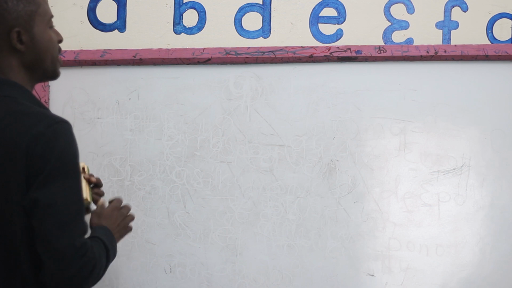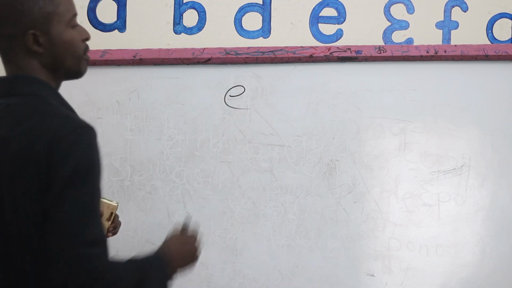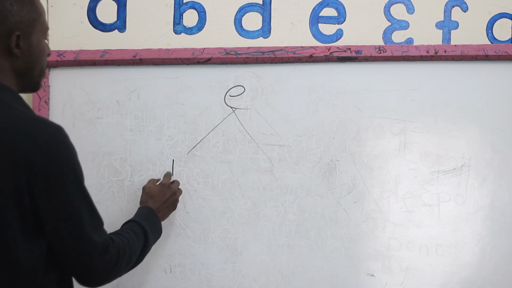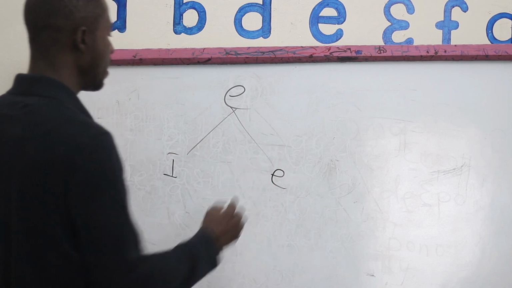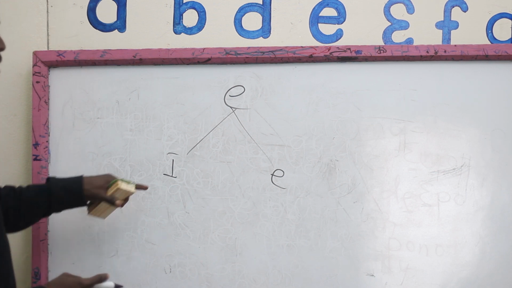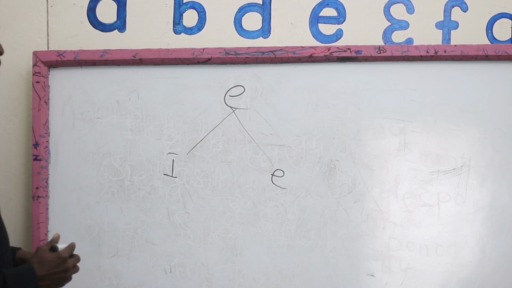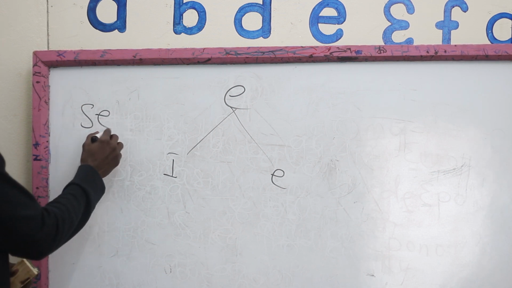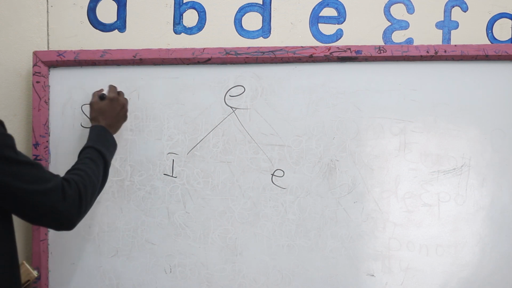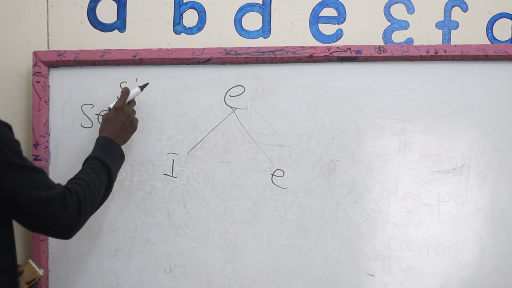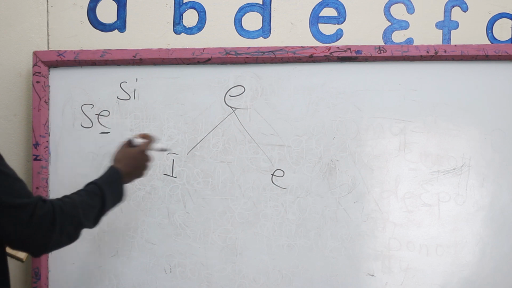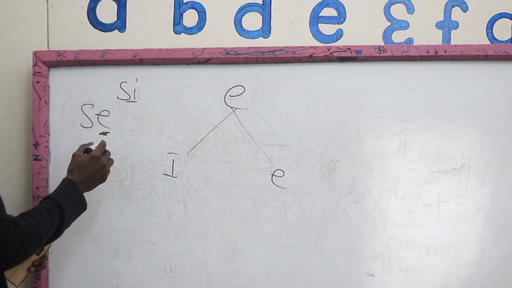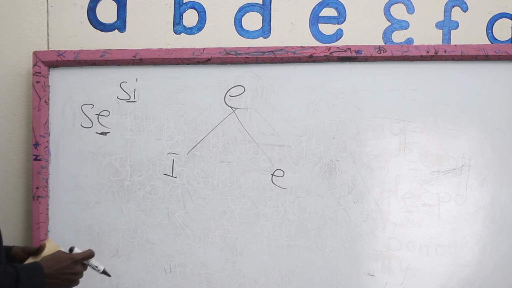The next vowel is A. And as I keep saying, this has two variants. So let's start with this A, as in se, to sharpen. I told you with e, this is si, to wash or to descend, and this is se, as to sharpen.